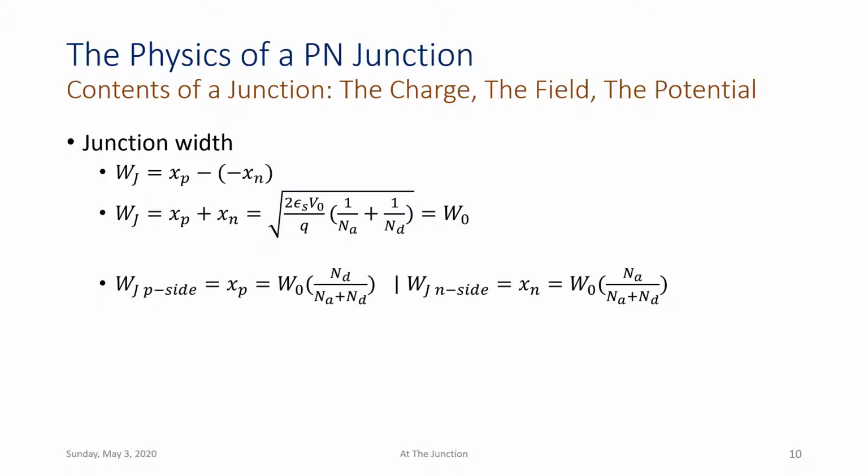So the junction, or the depletion region, has a width W sub j, and this runs from minus x sub n on the left side to x sub p on the right side. So the width of the junction is given by the expression x sub p plus x sub n, which is equal to the expression of W naught on this side.